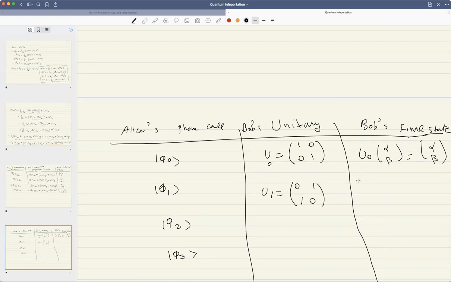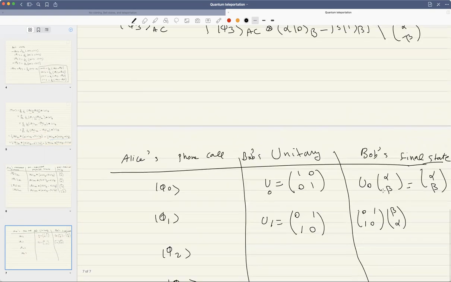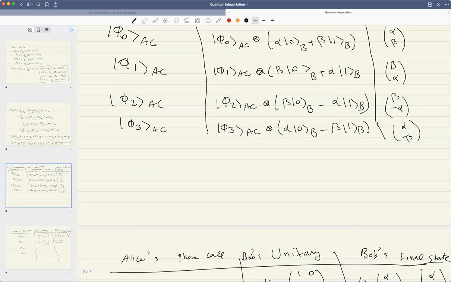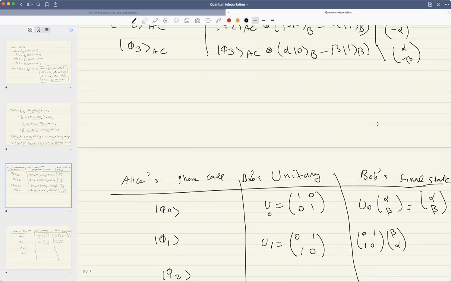So let's do this 0, 1, 1, 0. Beta alpha, right, is the state that Bob's qubit has after the measurement. So let's do that multiplication. 0 times beta, 1 times alpha gives me alpha. 1 times beta plus 0 times alpha gives me beta. So that's good.